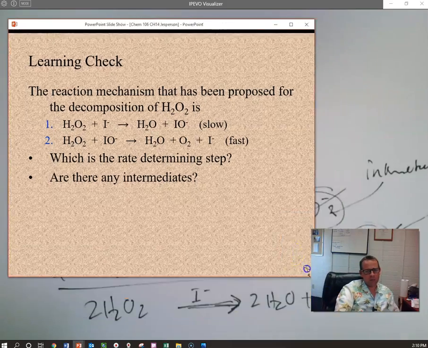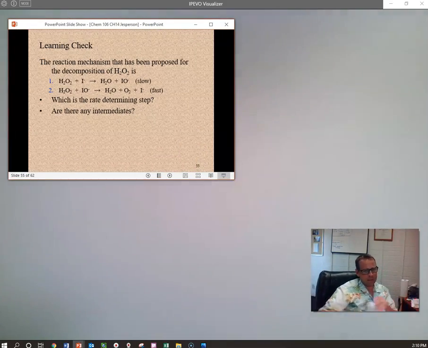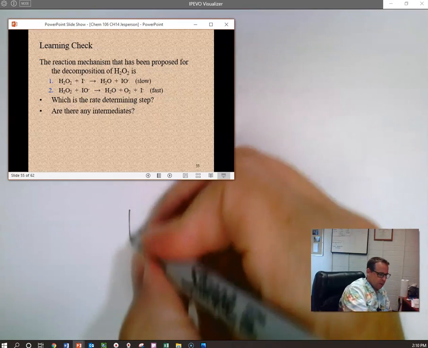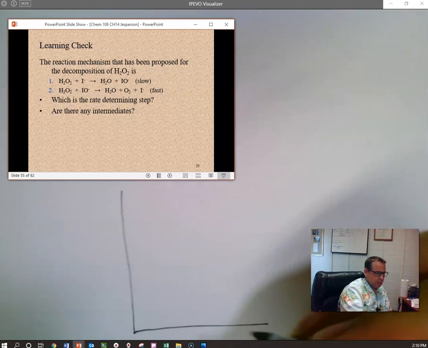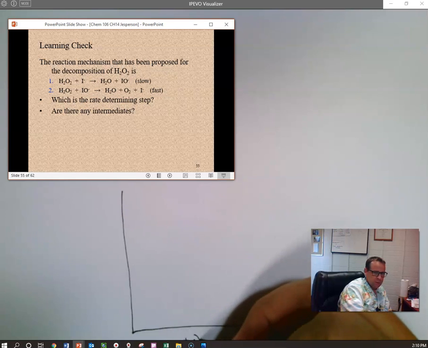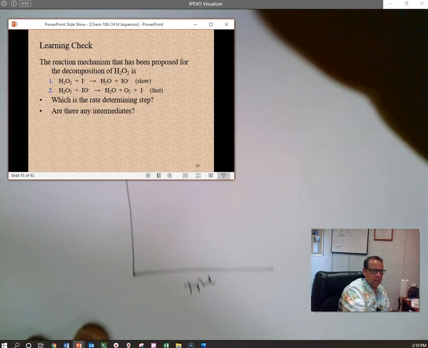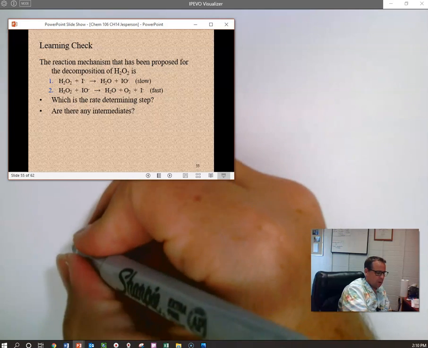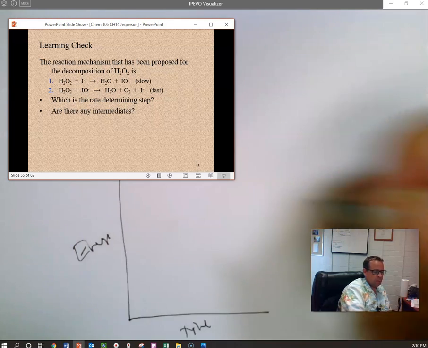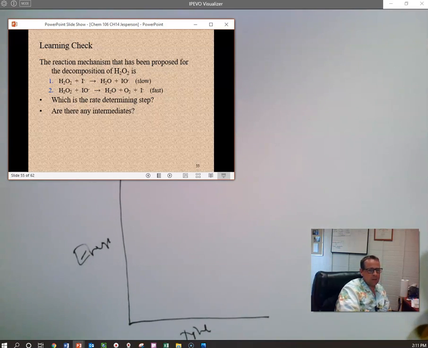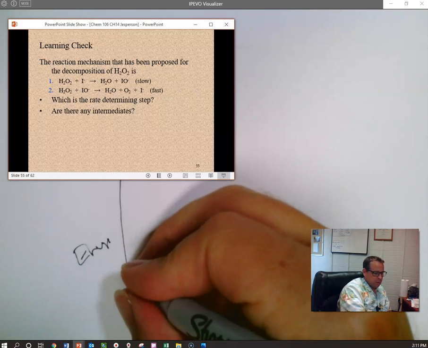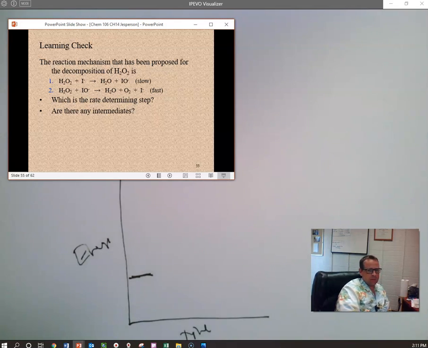And the way that we can visualize that is if we have an energy diagram showing how the reaction proceeds versus time down here, and we have our energy on our y-axis, okay? We start with our reactants.